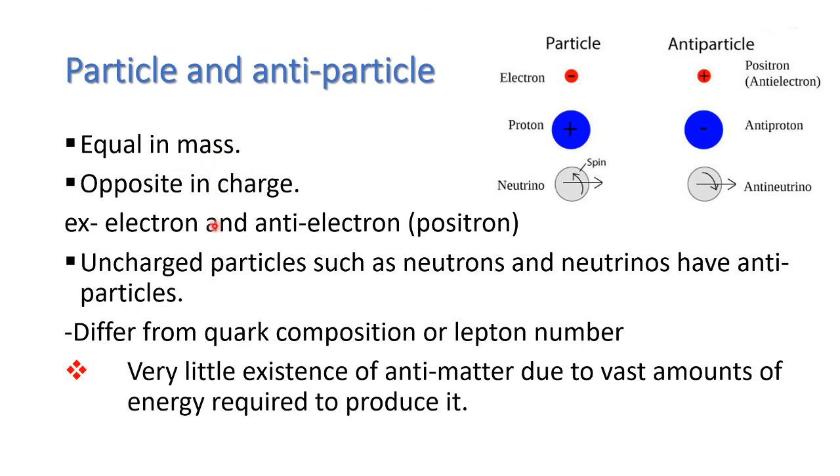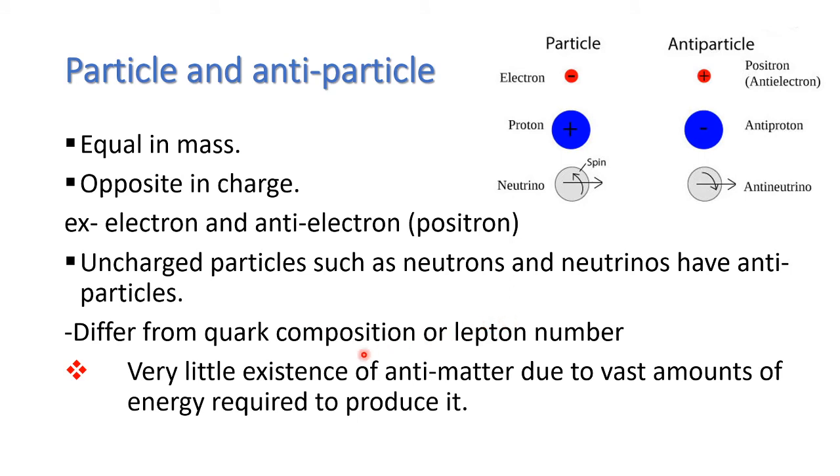How about uncharged particles such as neutrons and neutrinos, which do not have a charge? How does the antiparticle differ from its particle? They differ in quark composition or lepton number. We will come to quark composition, quarks and leptons, in the latter part of this video.